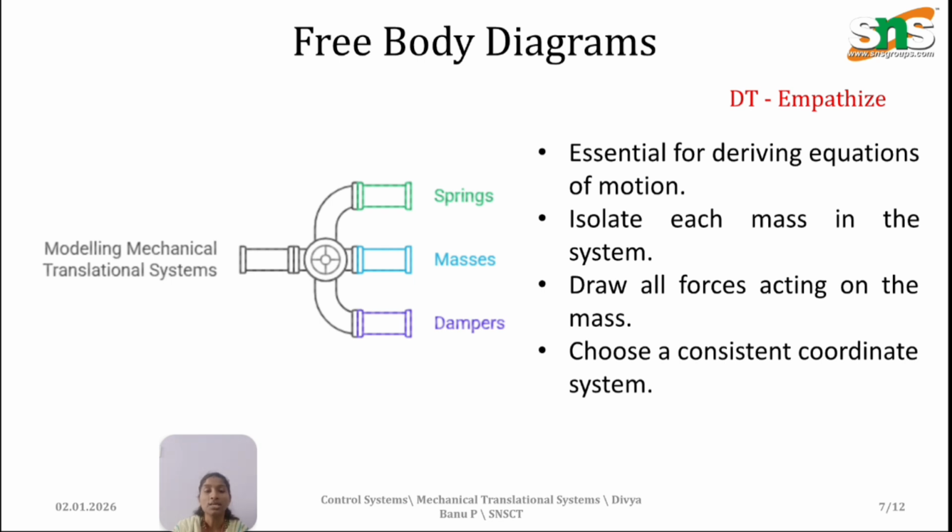Each mass has its own force, so if it is m1, we have to include the force of m1 also. The free body diagram is essential for deriving the equation of motion. It isolates each mass in the system, and we draw all the forces acting on the mass and choose a consistent coordinate system.